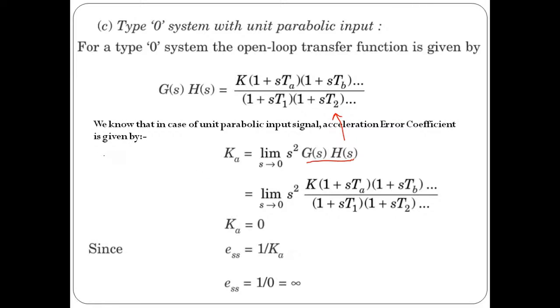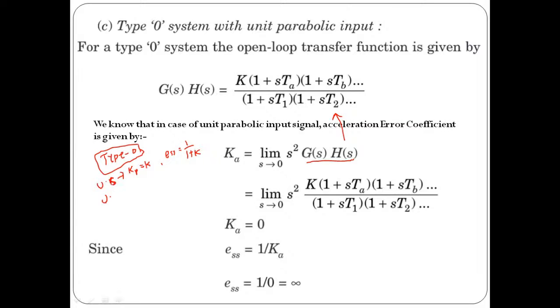That means for type 0 system, if you take unit step, the value of Kp is K, and steady state error is going to be 1 upon 1 plus K, which is finite.